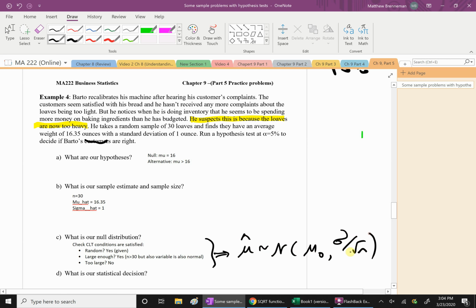And in our case, we're going to use the sample standard deviation. So for our particular problem, we're going to find that if the null hypothesis is true, sample means should come from a normal distribution with a mean of 16 and a standard deviation of 1 over the square root of 30.